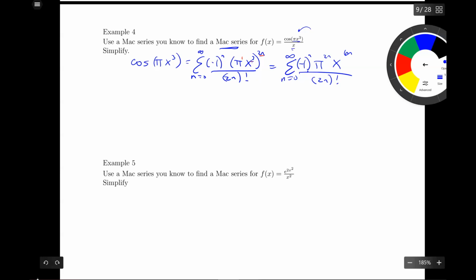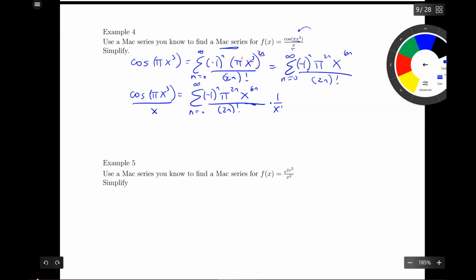So now I want to take and divide it by x. So I'm going to write this thing down again. So -1 to the n, pi to the 2n, x to the 6n, 2n factorial, and so if I'm dividing it by x, it's like saying I'm multiplying it by 1 over x, right?